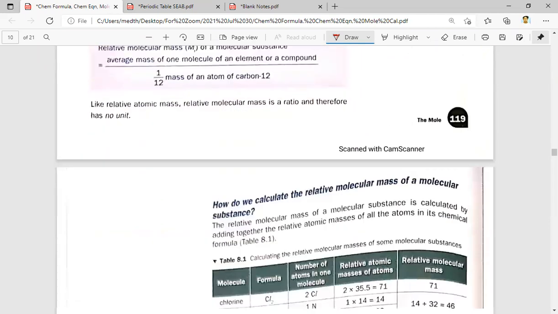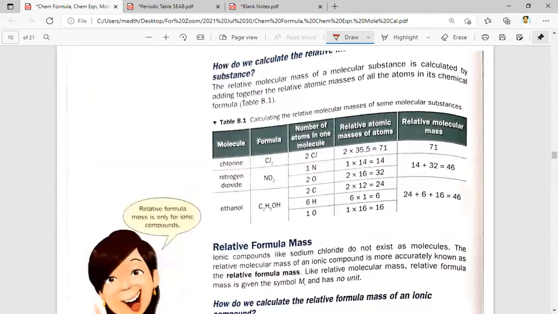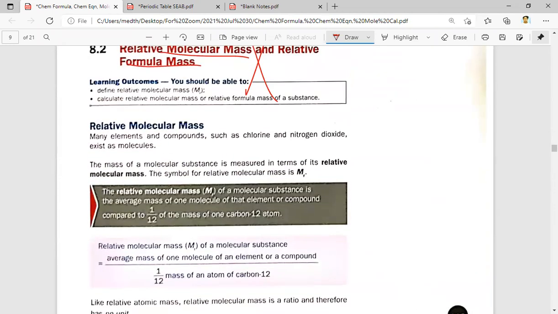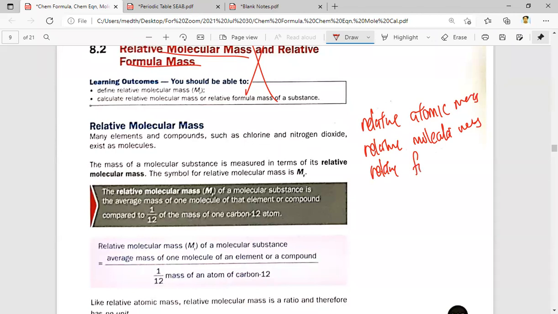Don't bother. Now, in terms of all the relative mass, you realize we have relative atomic mass, relative molecular mass, and relative formula mass.